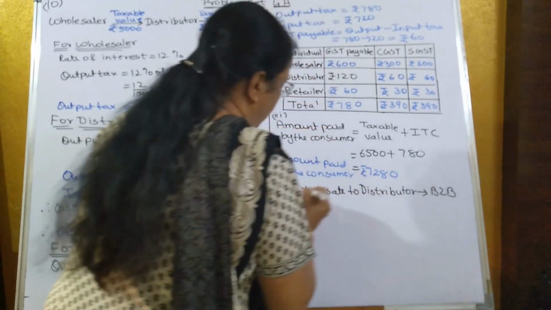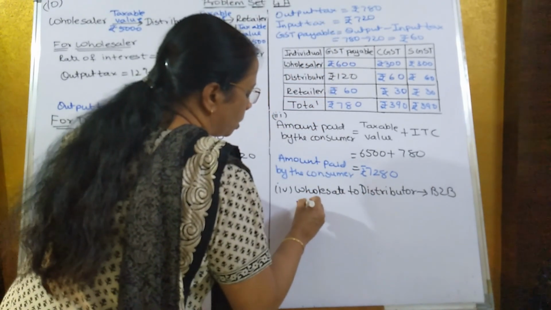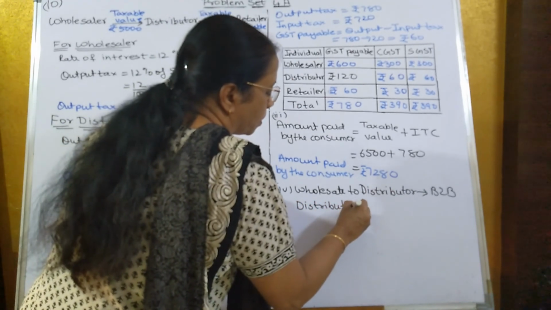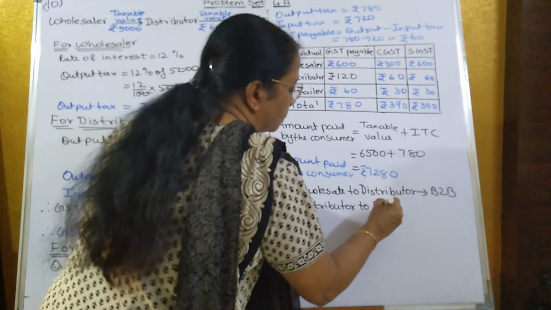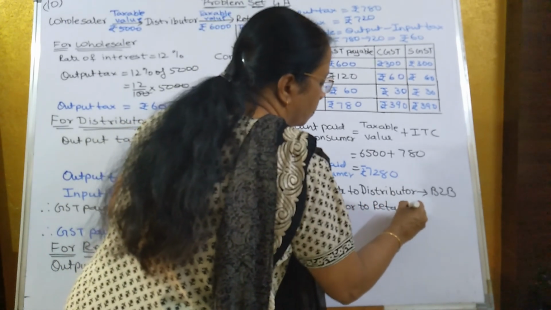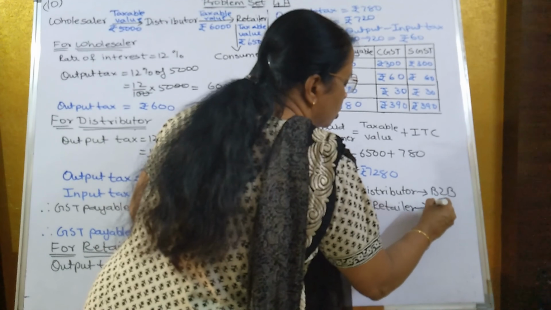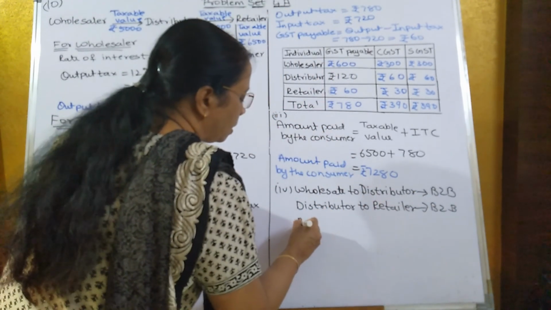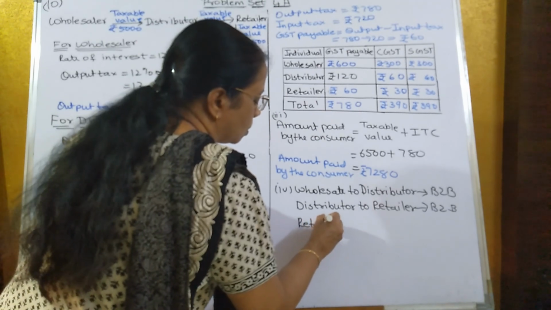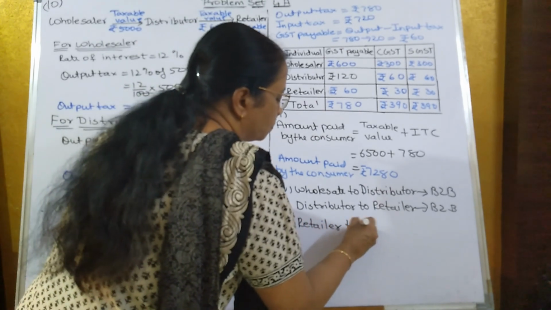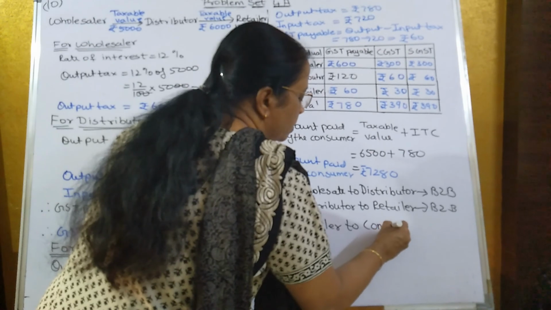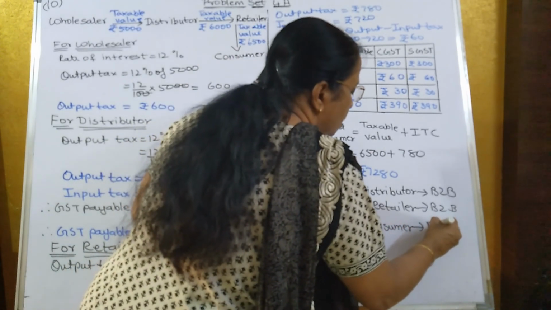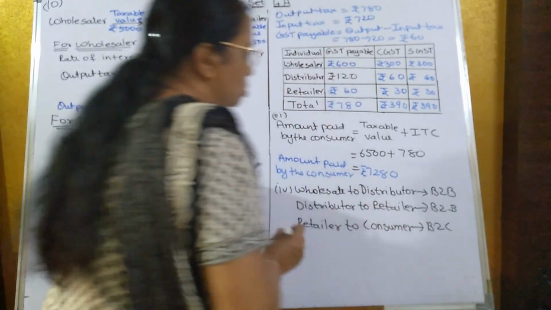B2B, and distributor to a retailer is what? That is also business to business only, and a retailer to consumer, what is that? That is business to consumer, that is B2C.